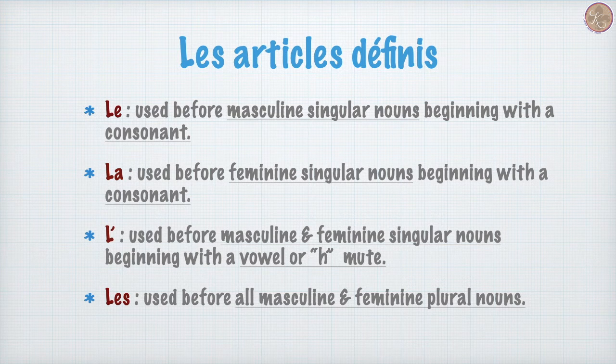La is used with feminine singular nouns beginning with a consonant. L'apostrophe is used with masculine and feminine singular nouns beginning with a vowel or H mute. And finally, les is used with all masculine and feminine plural nouns, whether they begin with a consonant or a vowel or a H mute. The moment the noun is plural, then the definite article will be les.